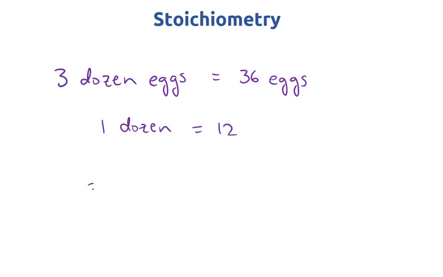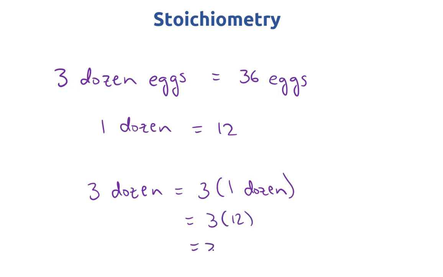And so 3 dozen would be 3 times 1 dozen, which is the same as saying 3 times 12. So that's how we would get to 36. So that's a way that we count eggs, which come in much smaller quantities than molecules do, but it's a really helpful analogy when we think about what the mole is.